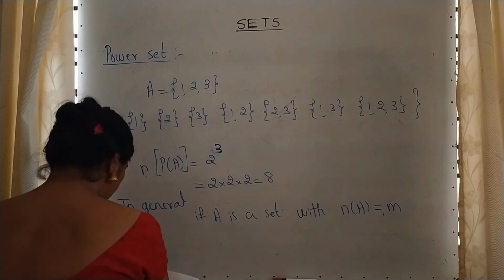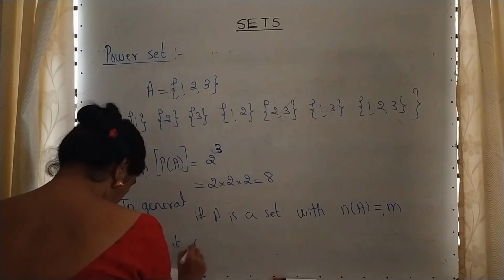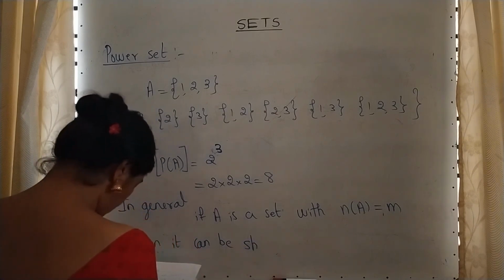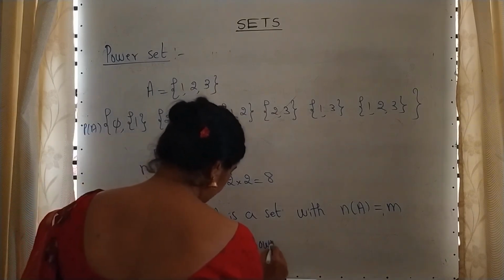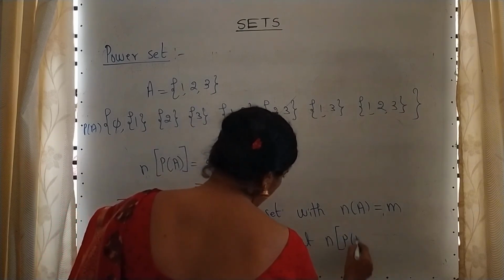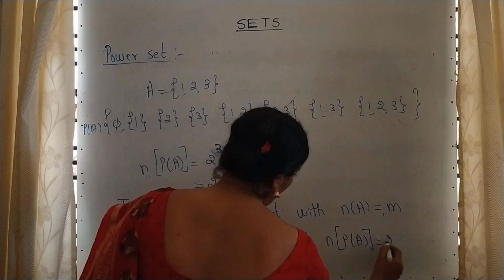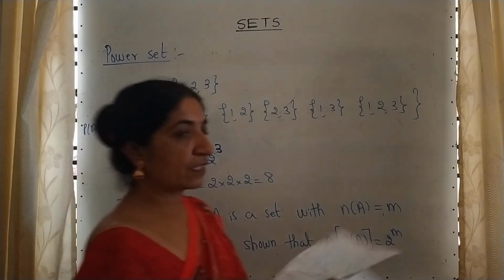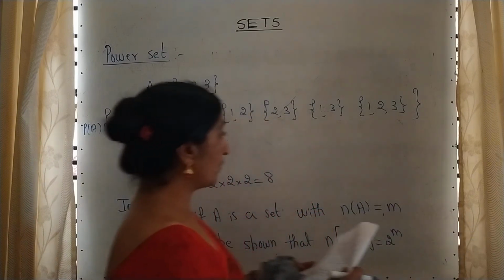Then it can be shown that the number of elements in the power set of set A is 2 raised to m. This is very important. However many elements there are, that comes as the power.